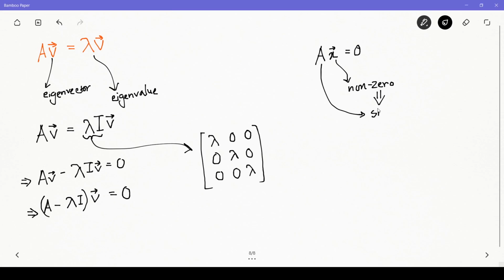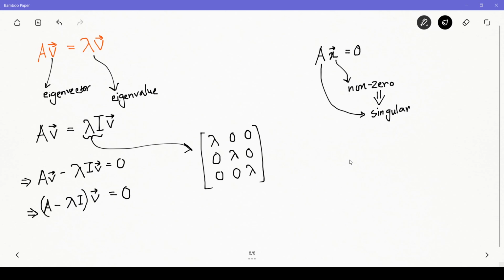Singular is, let me write it over here, S-I-N. So sorry, not the transformation matrix, the matrix that I'm multiplying with in order to get the value 0 for our unknown vector x. We say that that matrix has to be singular in order to get a non-zero solution for this equation right here.